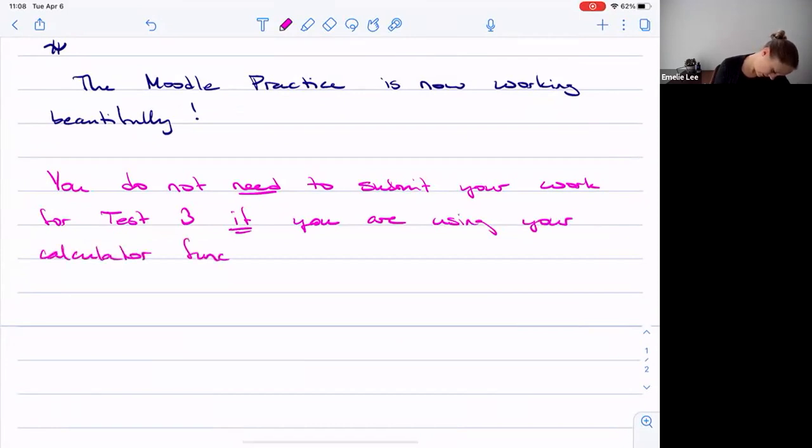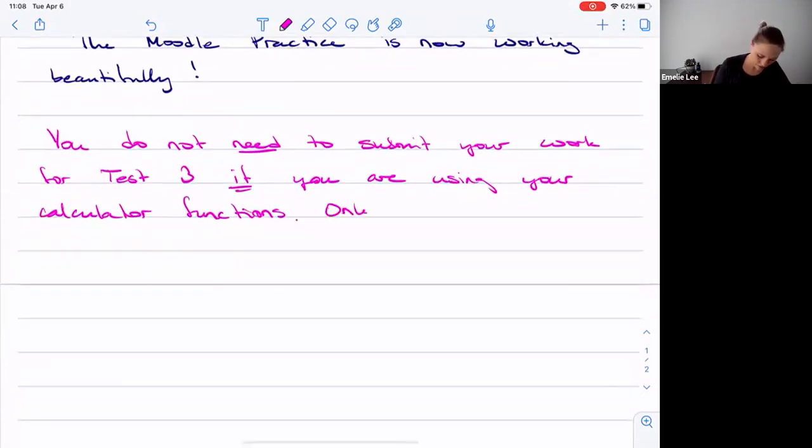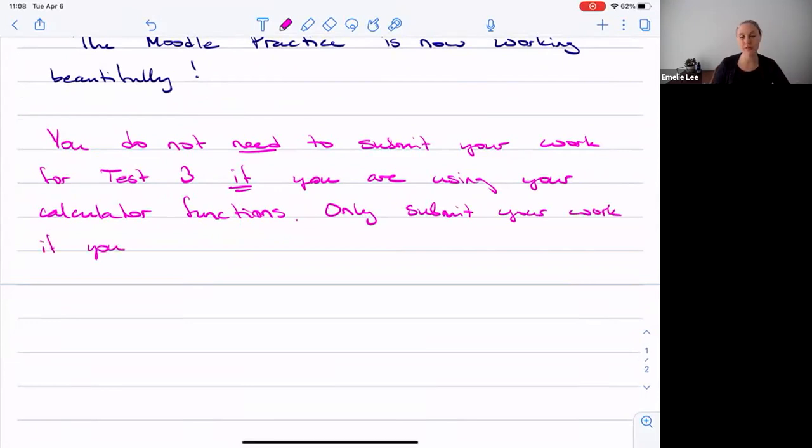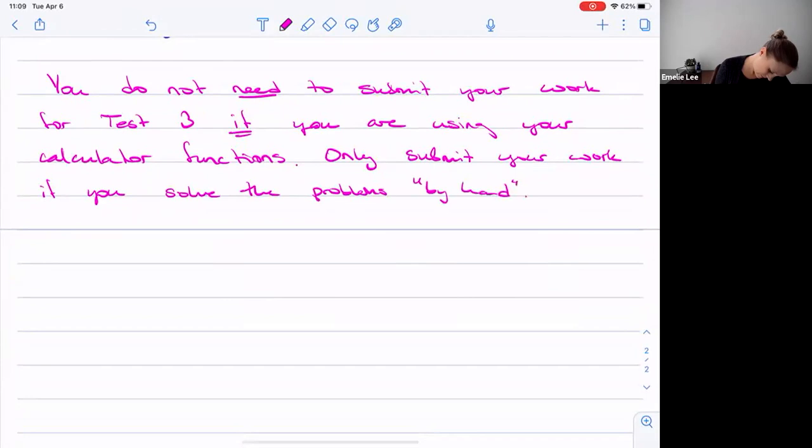Only submit your work if you prefer to solve these problems by hand, if you solve the problems by hand. You'll see what I mean in just a sec.